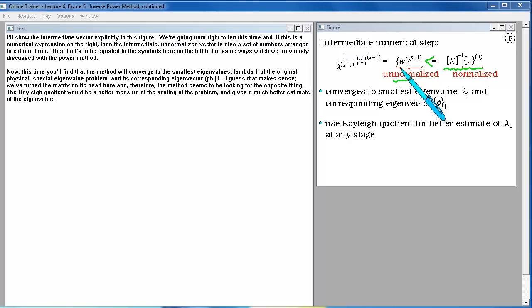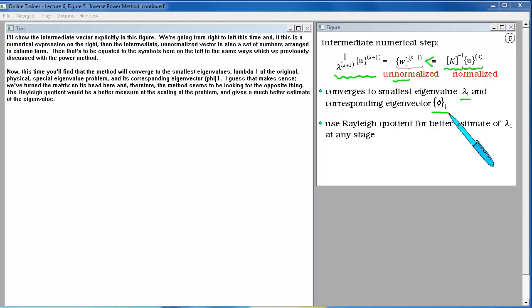Then that's to be equated to these symbols here on the left in the same way as we previously discussed the power method. Now this time you find that the method will converge to the smallest eigenvalue, lambda 1, of the original physical special eigenvalue problem, and its corresponding eigenvector phi1.